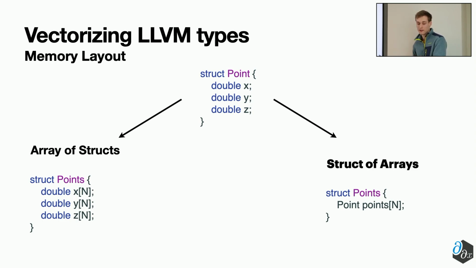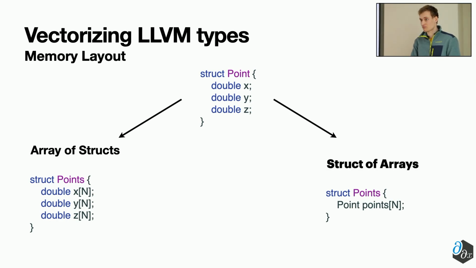First, we can create a struct that has an array for each field, which would be struct of arrays. And then we have a second possibility, which would be array of structs, which would basically have an array of our original point struct. Those approaches have different drawbacks, but in general, array of structs is preferable.